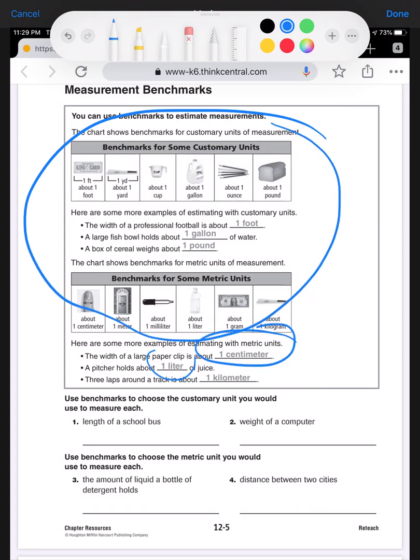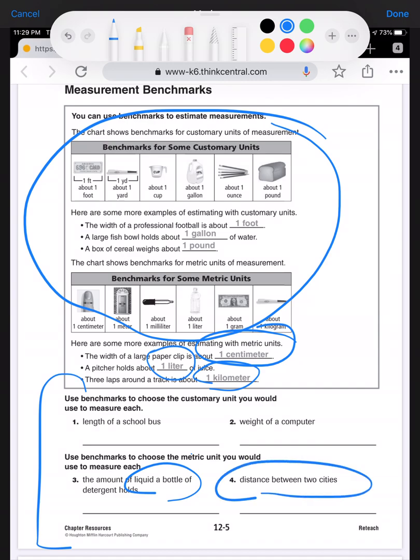They solved it. You can read it and see what they did. And then down here, we're saying use benchmarks to choose the customary unit, use benchmarks to choose the metric unit down here for the length of a school bus, the weight of a computer, the amount of liquid a bottle of detergent holds, or the distance between two cities.